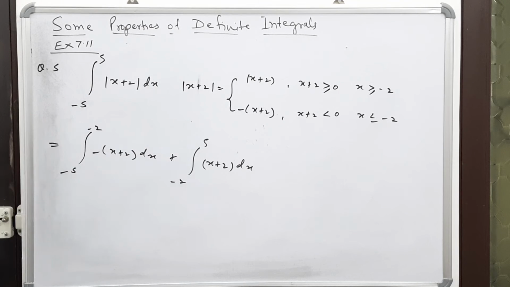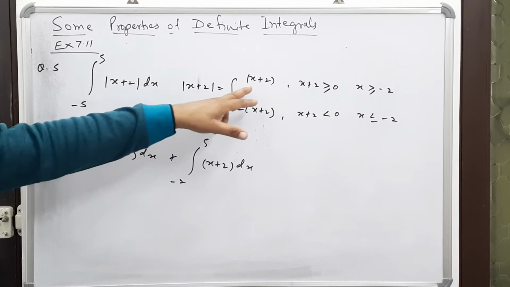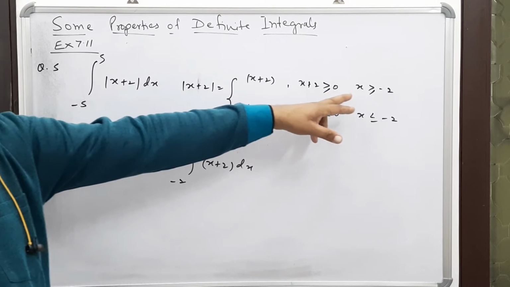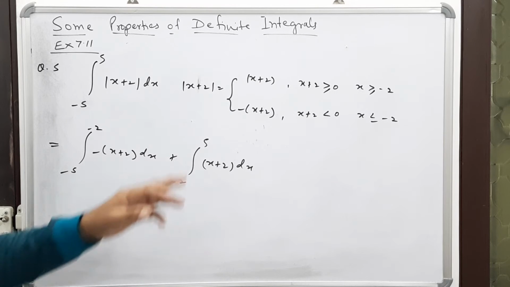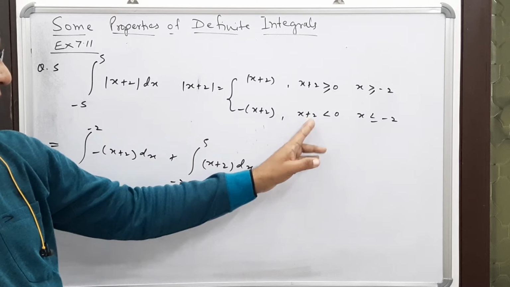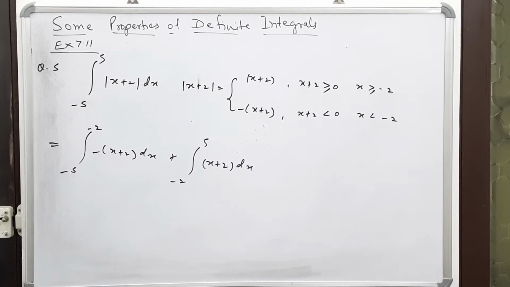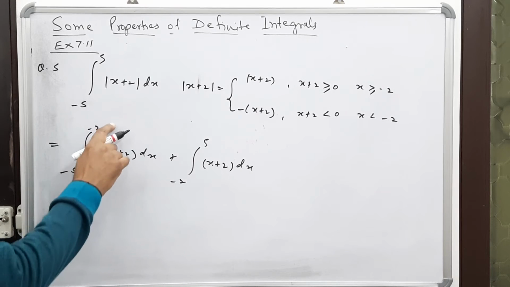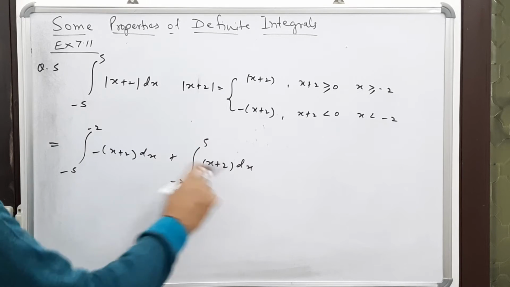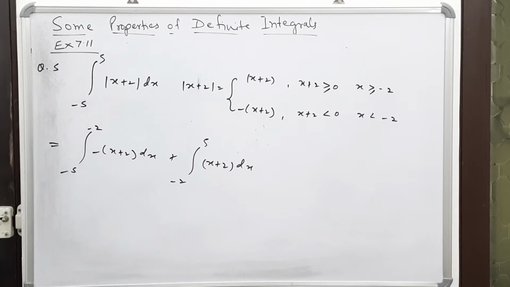Now you all know that the modulus of x plus 2 is positive if x plus 2 is greater than 0, or x is greater than -2. And it will be negative if x plus 2 is less than 0, and if you transfer to that side, x is less than -2. So from -5 to -2 it will be negative, and from -2 to +5 it will be positive. And after this, it is a problem of the previous exercise.